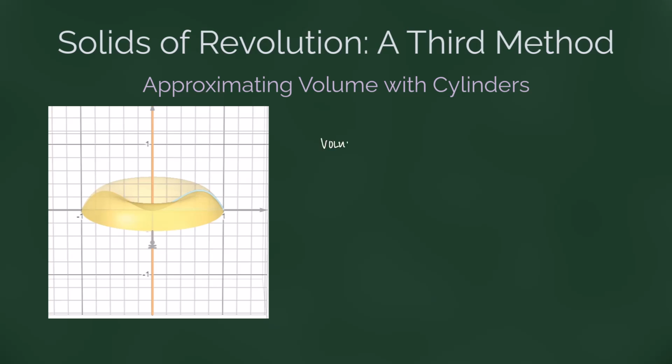If we then imagine dividing our solid up into a series of concentric shells, we can approximate its volume as the sum of the volumes of each of those individual cylindrical shells.